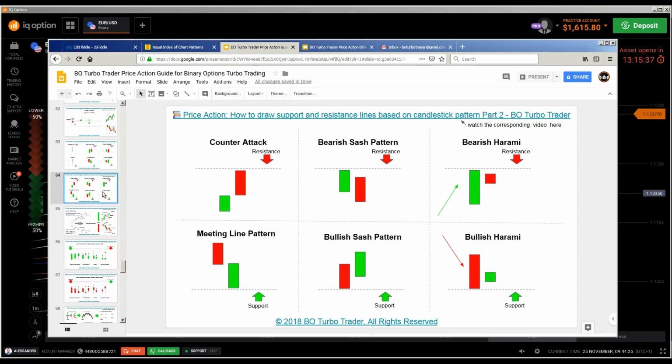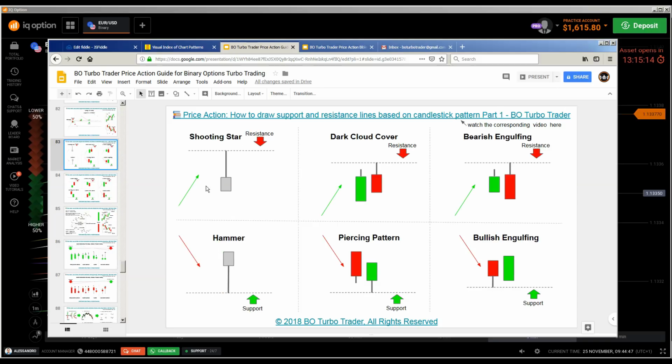You don't need to know those candlestick patterns: counterattack, meeting line, bearish sash, bearish harami, bullish harami. You don't need them. You only need to understand the concept, and that is what I'm telling you often in my videos. You have to understand the concepts. The inverted hammer is the same as a gravestone doji.